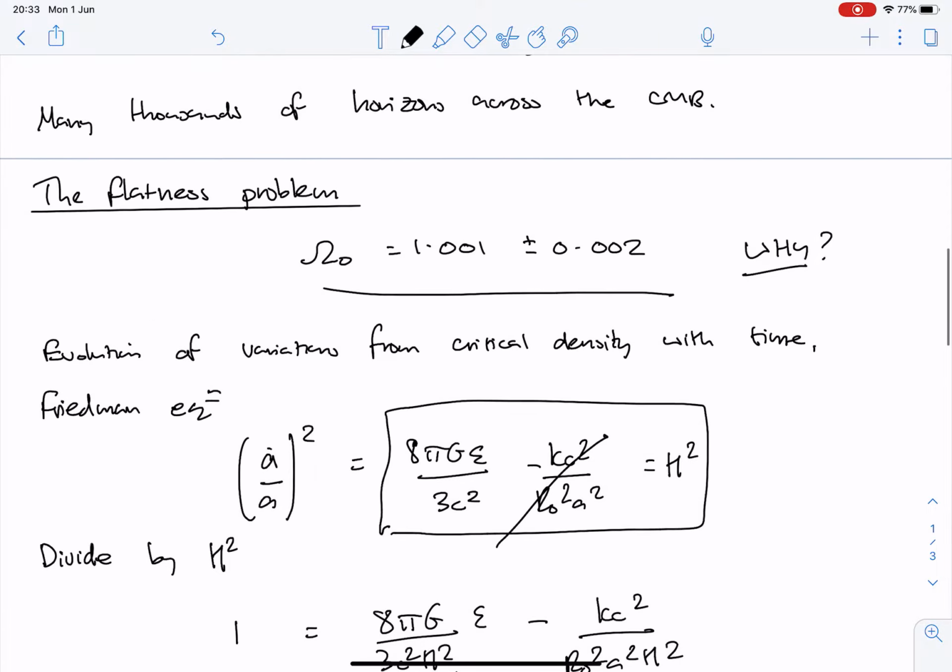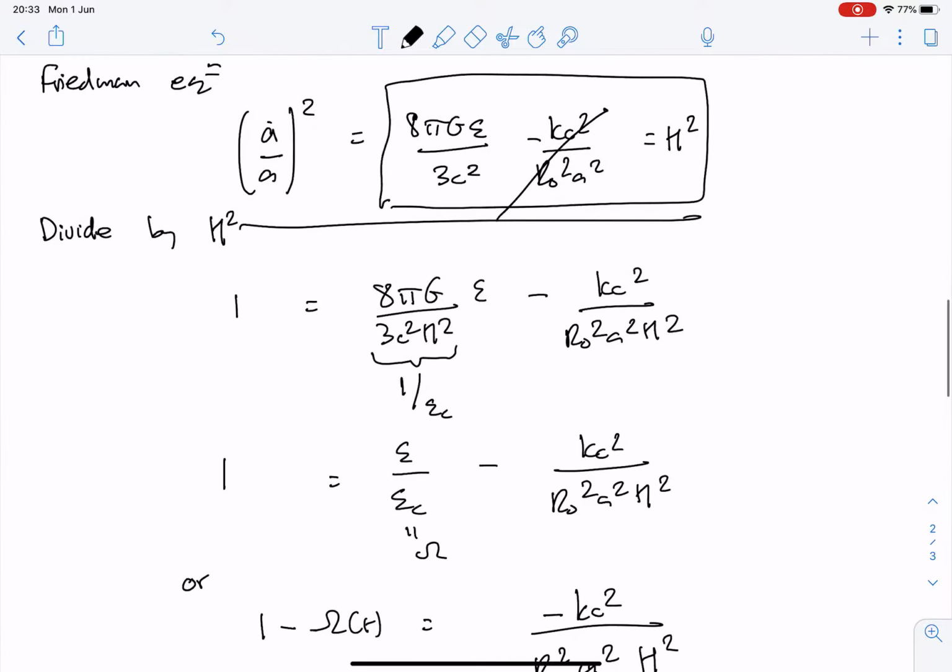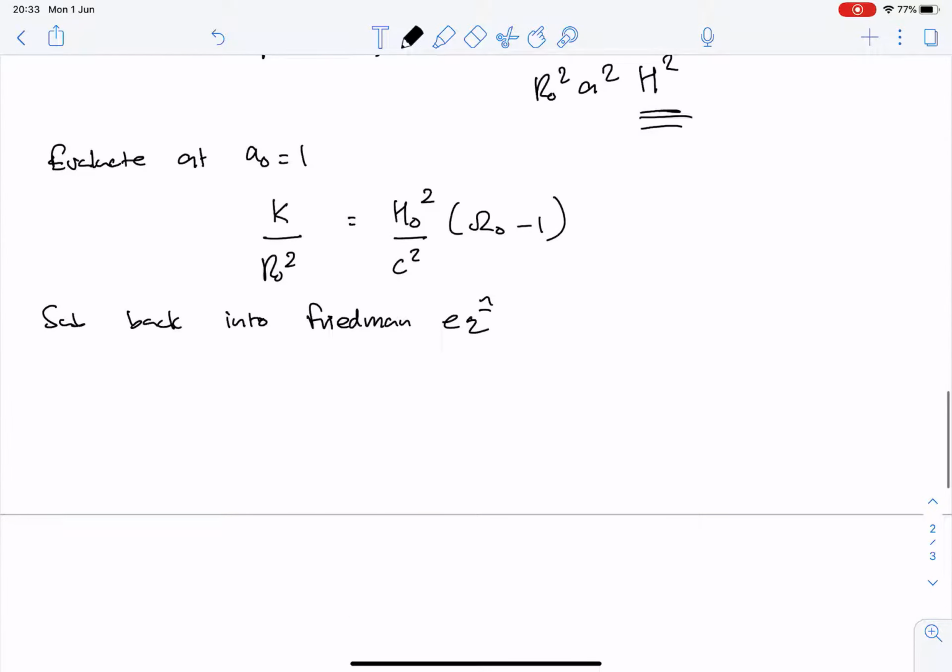which is all the way up here. I'll substitute that back in here, which gives me that h squared equals 8 pi g e over 3c squared minus h naught squared over a squared omega naught minus 1.